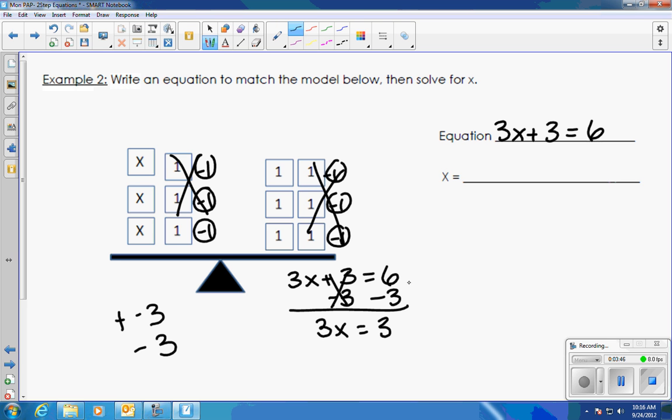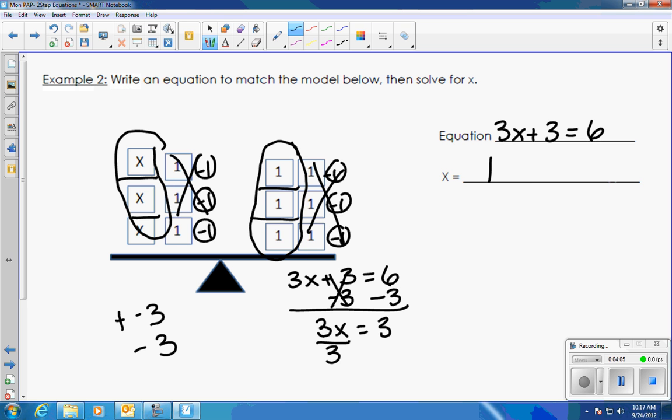Well, if you think about it, 6 positives and 3 negatives make 3 positives. So now I'm going to divide my groups up. Sorry, that circle was a little bad. I should have 3 groups, which means each of these x's gets 1. It's the same thing as showing divide by 3, and x equals 1.